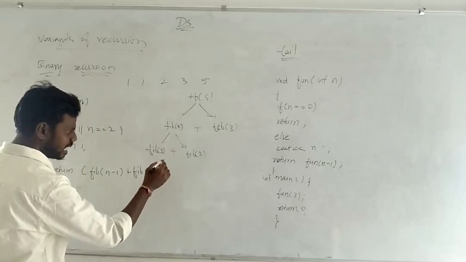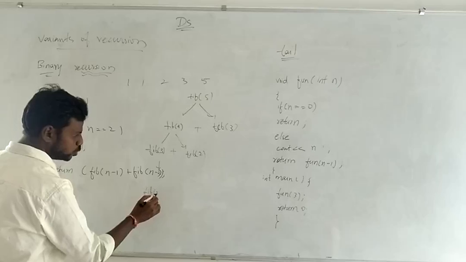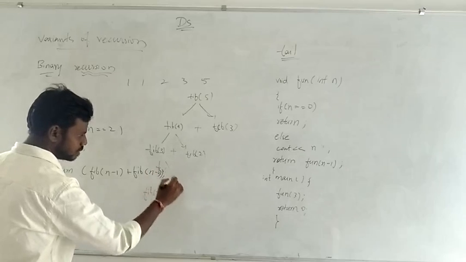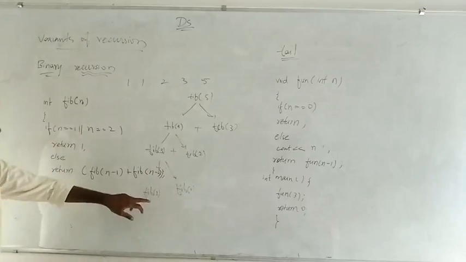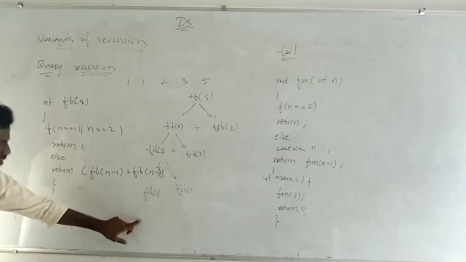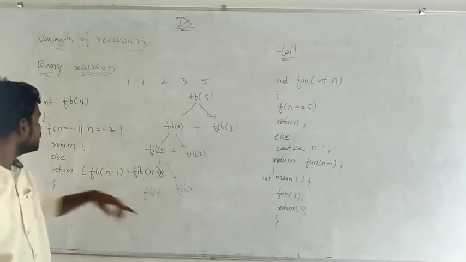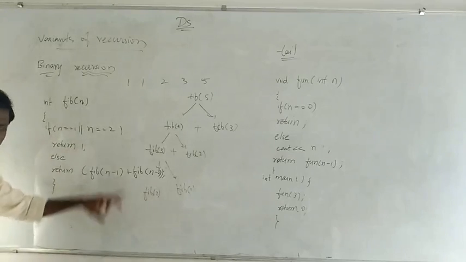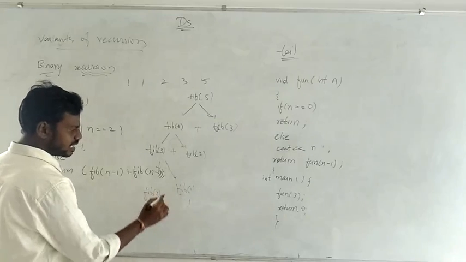Fib 3 will again call the function two times, Fib of 2 and Fib of 1. Whenever we send the value as 2 or 1, it returns 1. It won't make any function call. It results in 1, and the other also results in 1.